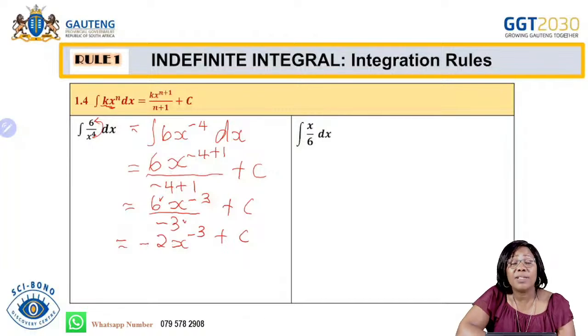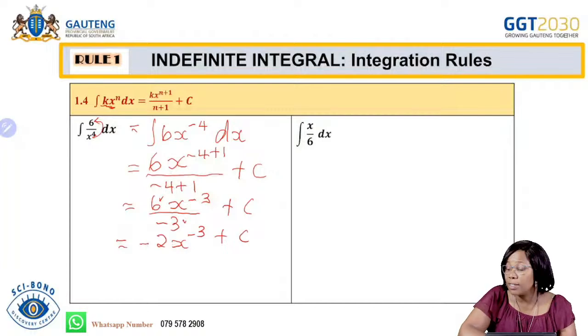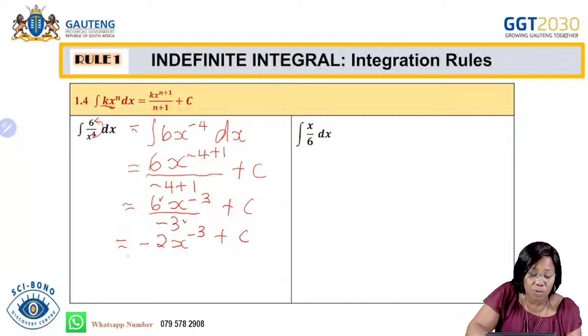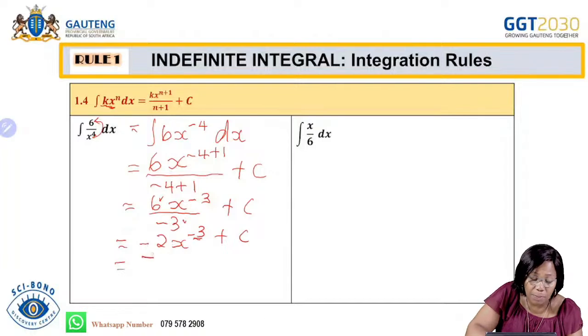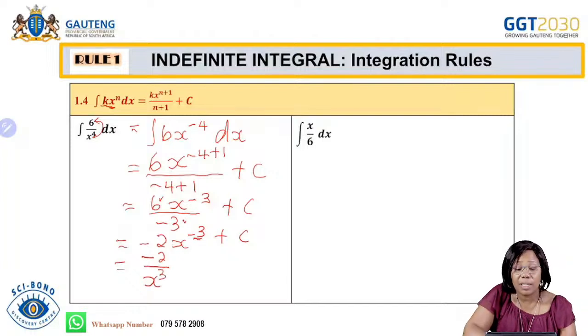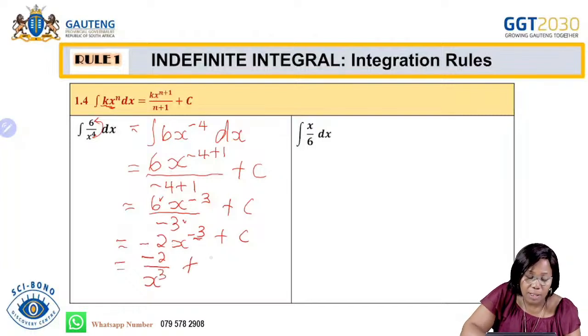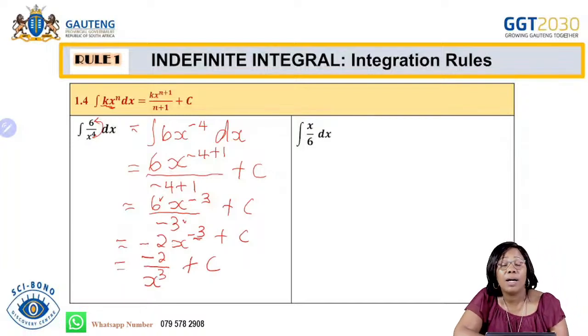If the examiner states that your answers must not have negative indices or exponents, that means you must get rid of these negative exponents by taking this x to the power minus 3 back to the denominator, and then this will change to a positive exponent 3, and then plus c. That is our answer, grade 12.